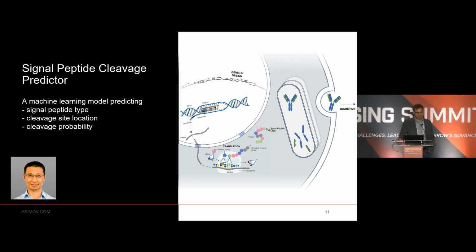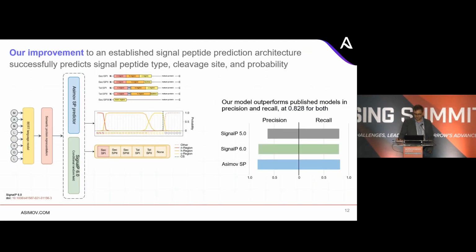So we developed what we call the signal peptide cleavage predictor. It's based on an existing model in the literature, but we've added some novelty to it. And what it does is it not only recognizes the type of the signal peptide, but it predicts the location and probability of cleavage sites for that combination of signal peptide and CDS. As I said, it's an improvement over the published state-of-the-art, which is a model called SignalP 6.0.